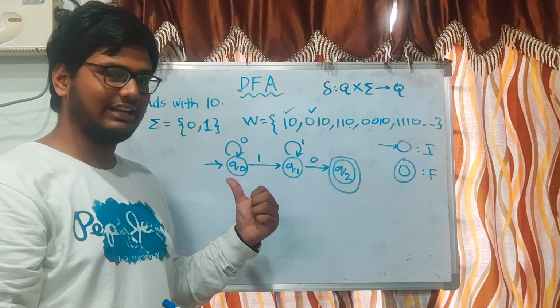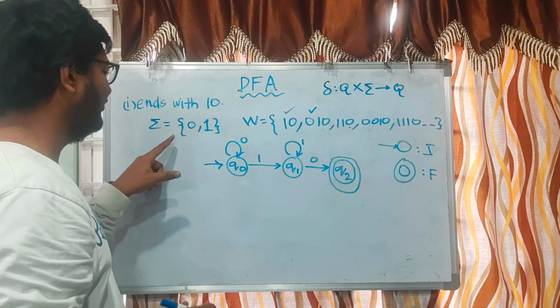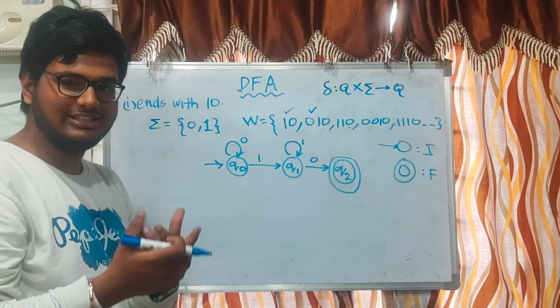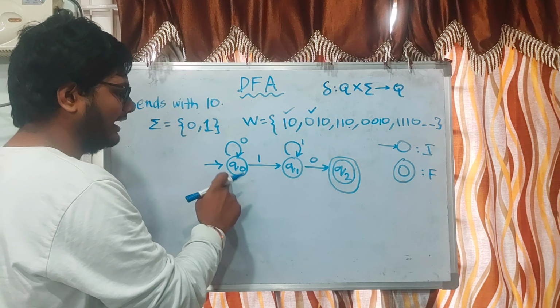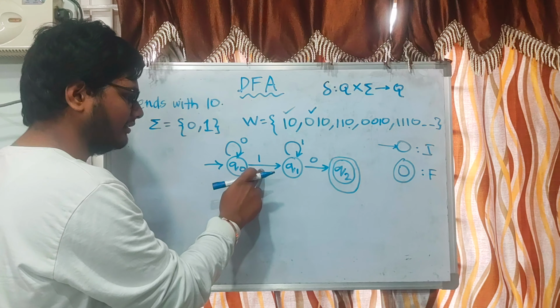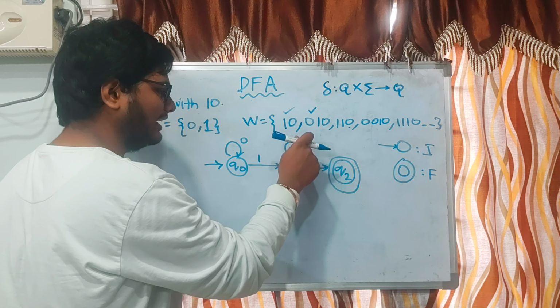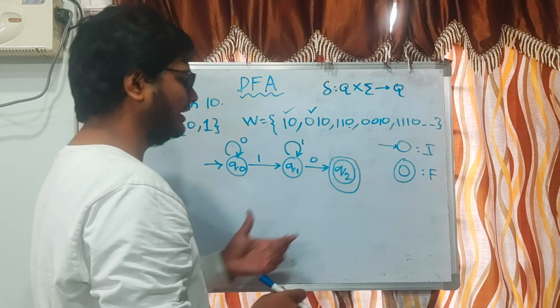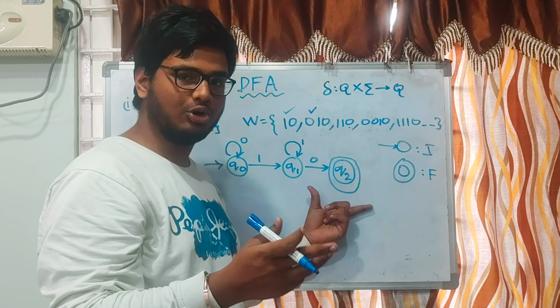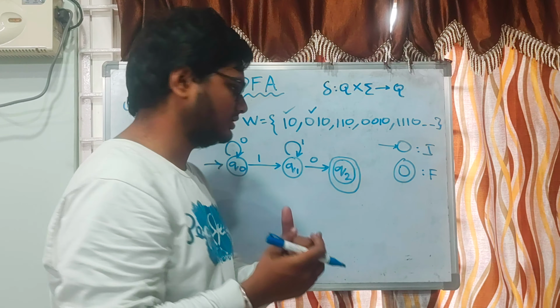But we must have a transition from every input alphabet at every state. At Q0 we have transitions for 0 and for 1. Similarly for Q1 also we have transitions for 1 and 0. But on Q2 we don't have transitions for both, so we should add those transitions.